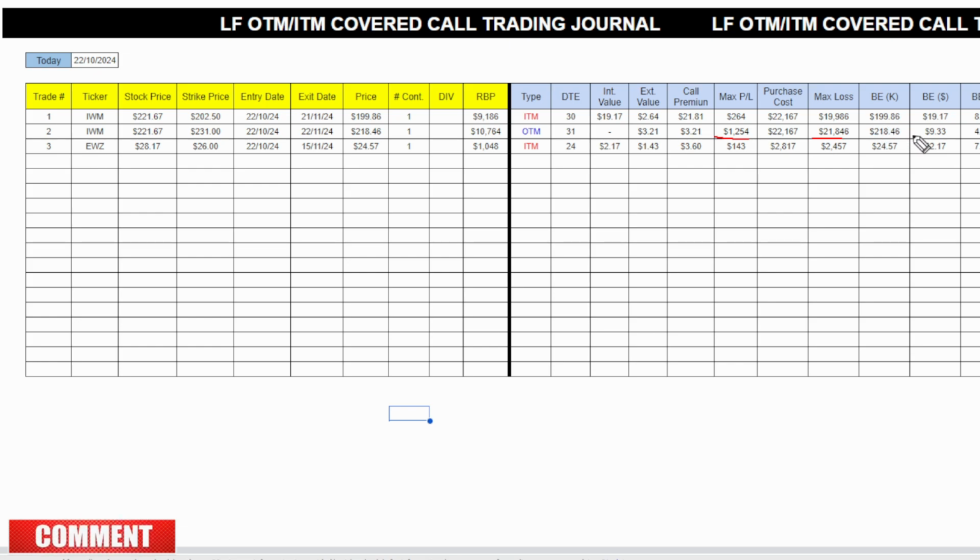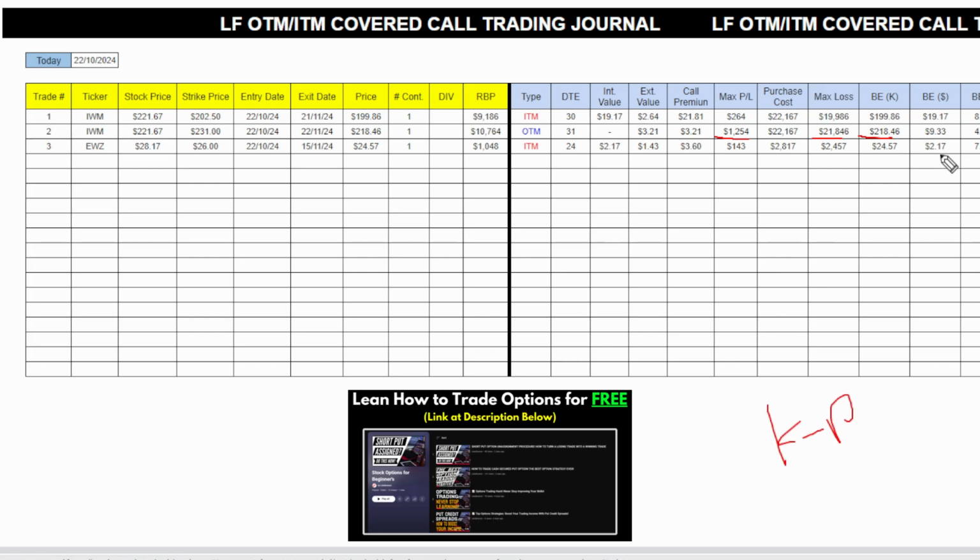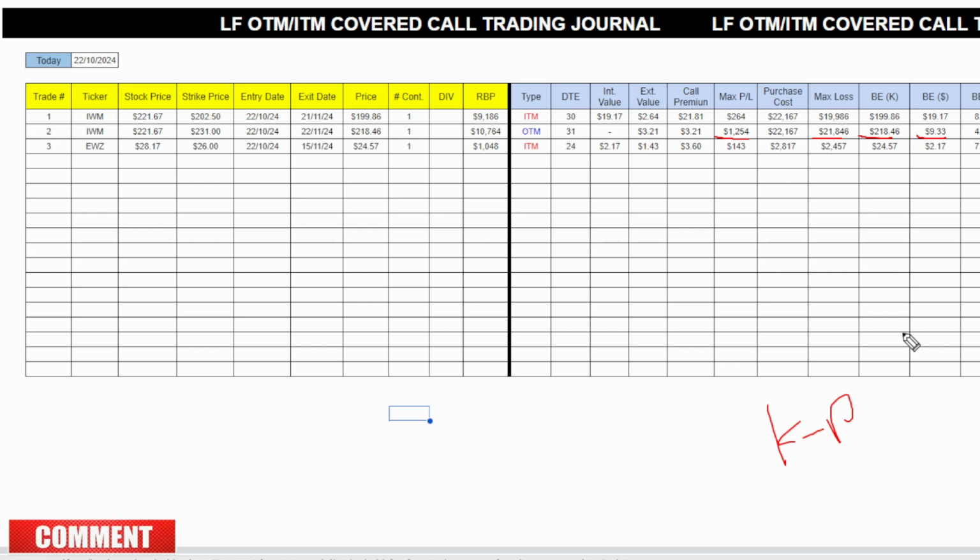If we calculate our break-even, it is $218. Very simple, guys: strike price minus premium. Our break-even in terms of dollars is $9.33 below the current stock price right now, which is 221.67, and gives us a 4.2% cushion to the downside.